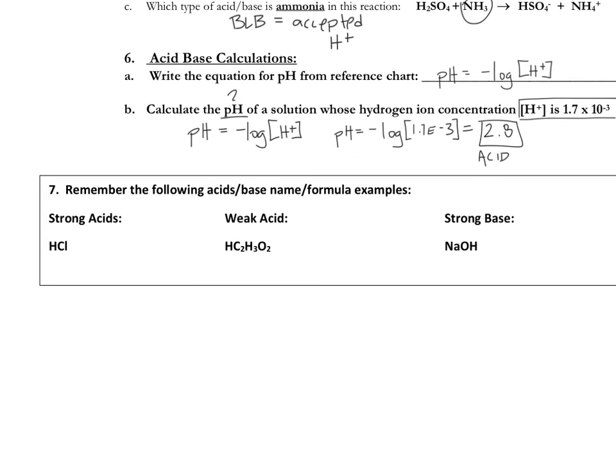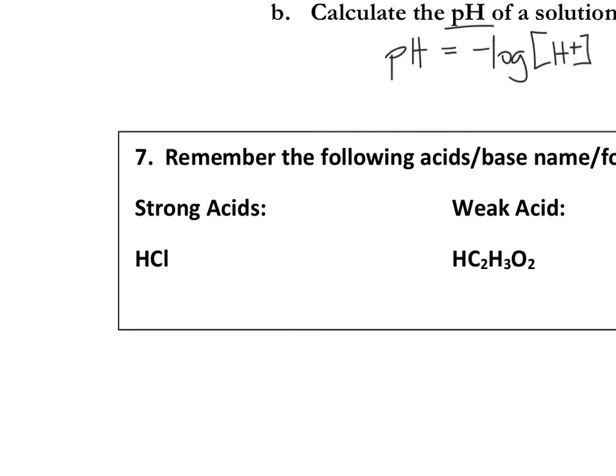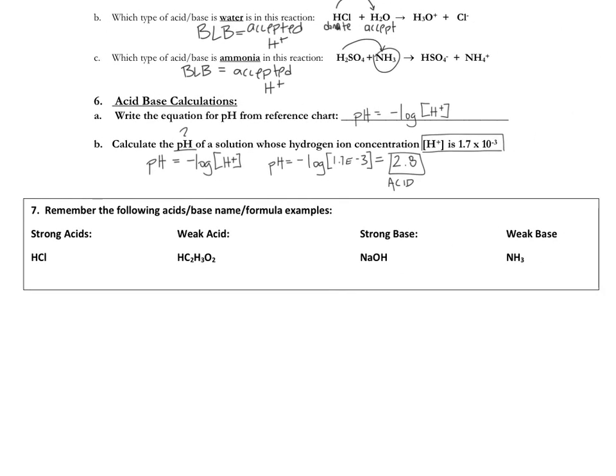Alright, so remember the following acid-base names and formulas. Strong acid: HCl is an example of a strong acid. HCl is hydrochloric acid. A weak acid, HC2H3O2. This is known as acetic acid.